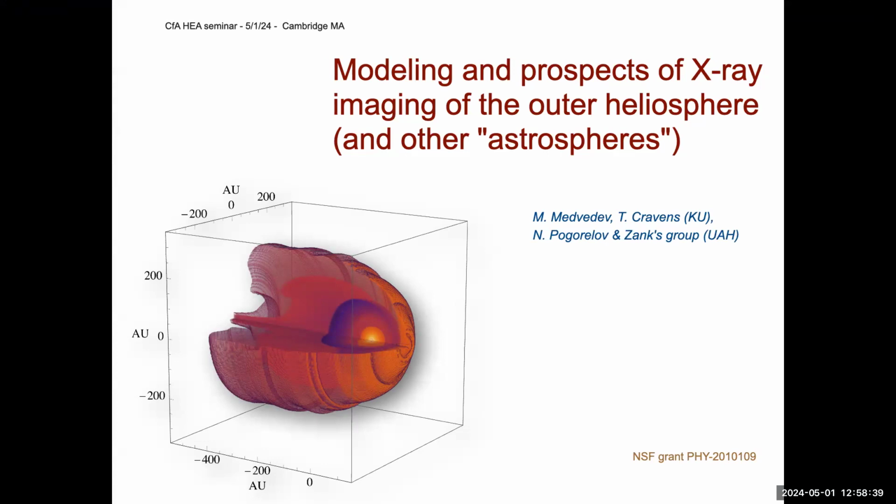So what I'm going to talk about is the heliosphere, how we can model it, should we model it, and also other astrospheres, and what we can learn, and whether we can learn something from that. This talk is not going to be just a presentation of what we've done. We've done something, but of course there is a lot to do, and I want to encourage you.